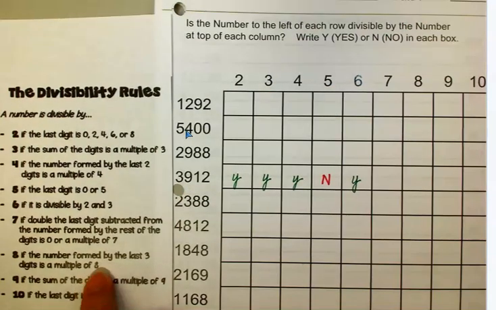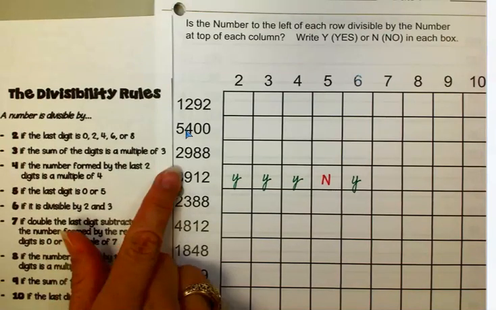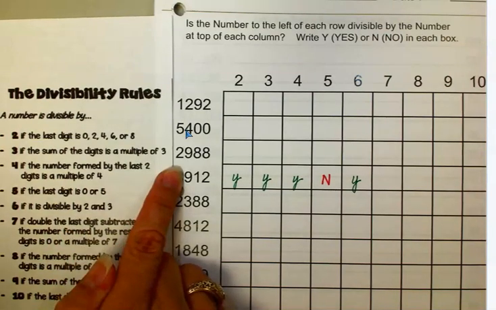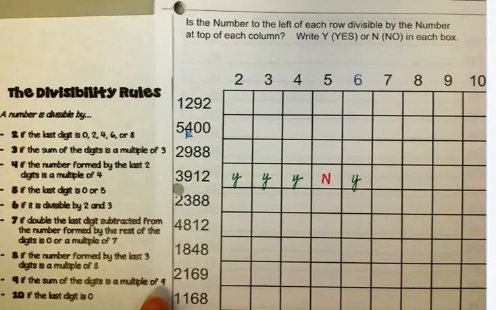All right, if the number formed by the last 3 digits is a multiple of 8. Again, I don't know my multiples of 8 all the way up into the 900s, so you may just have to divide it out and see. If the sum of the digits is a multiple of 9.